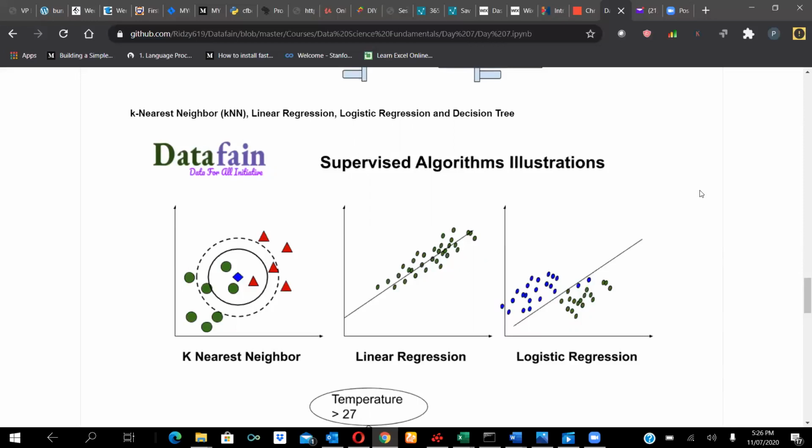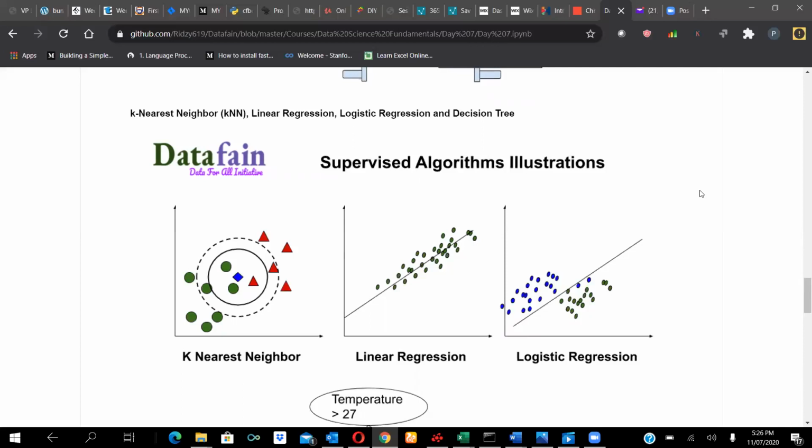Now, logistic regression is usually used when the dependent variable, that is your output variable, is binary in nature. What do I mean by that? When your output variable is simply yes or no, that's the basic logistic regression model.